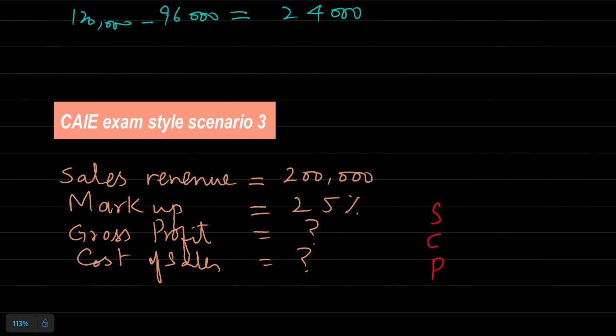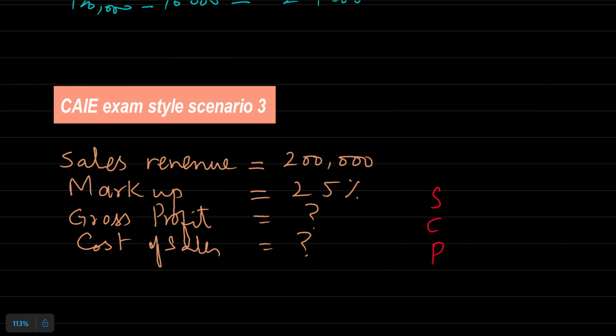Now let us move to the next scenario, in which you are given sales revenue and you are given markup. We have already learned that for markup we need cost, and for sales revenue we need margin. But in SCP rule, you don't need to convert markup into margin and margin into markup.